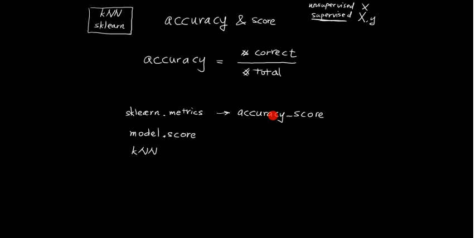One is the accuracy for this kind of classification problem. There is also the mean square error for linear regression, where lower means better, but accuracy should be higher to be better.